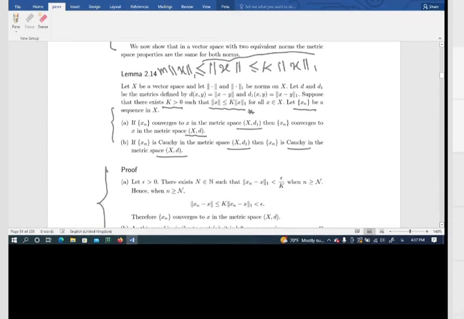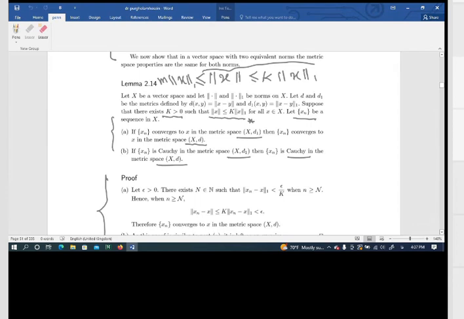Norm and norm 1 are two norms on X, and d and d1 be two metrics defined by d(x, y) equals the norm of x minus y and d1(x, y) equals norm 1 of x minus y.